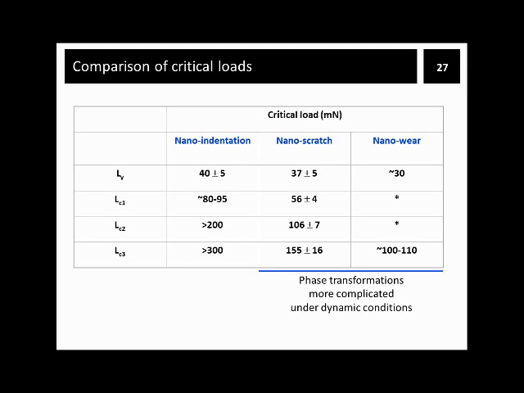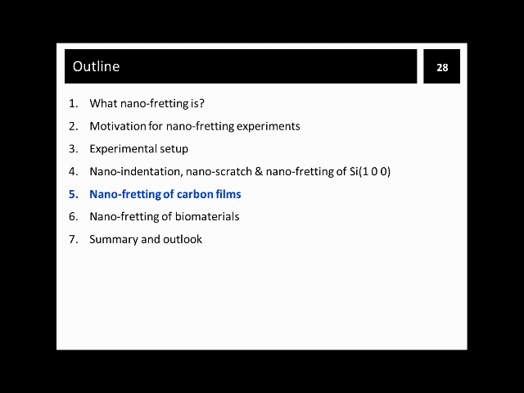And as we observed from the loading curves on the previous slide, the deformation observed in the three types of contact shows some similarities but also notable differences as the applied load increased. We can see that silicon phase transformations induced in the nano-scratch and nano-fretting tests are more complex, and tangential loading promotes yield, resulting in greater penetration depths than in nano-indentation.